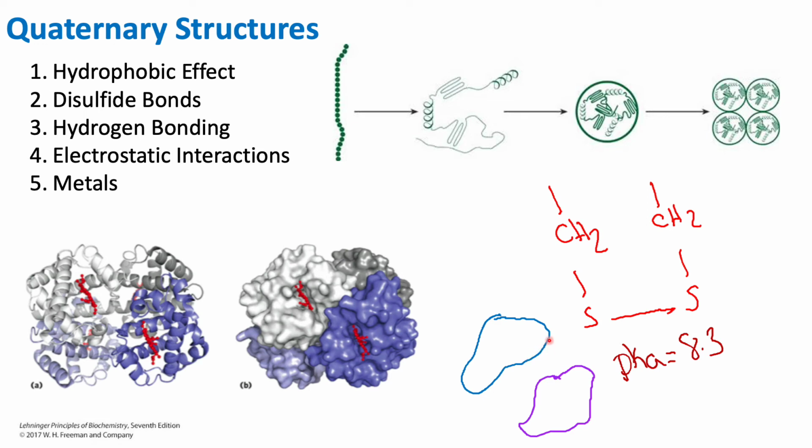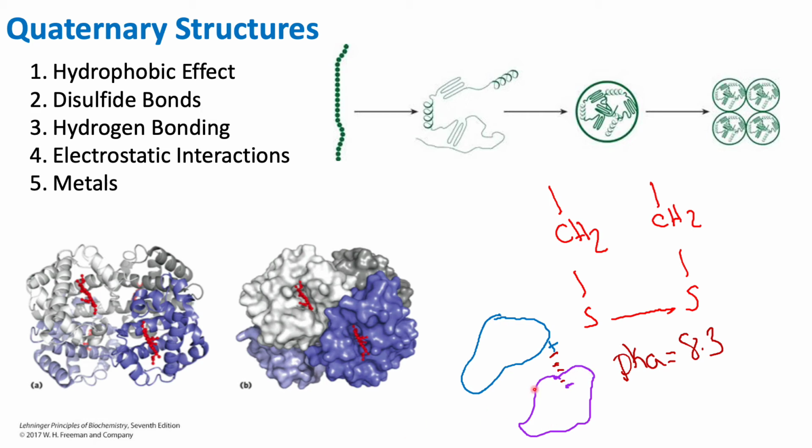It's also hydrophilic. So this negative of aspartate, positive of lysine, they'll be able to interact with one another. I'll draw this out to make it more clear. So let's say we have a negative on the outside over here and a positive. Now these two tertiary structures are able to interact with one another.